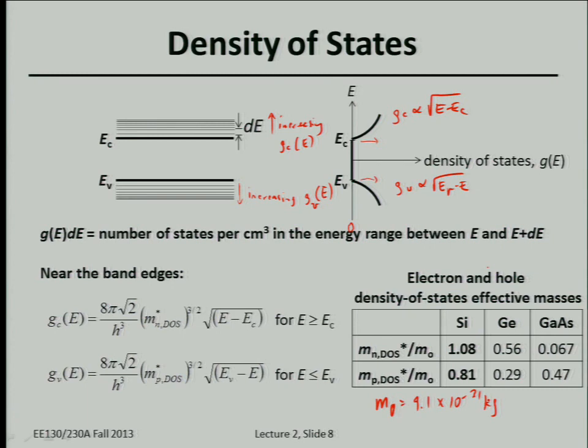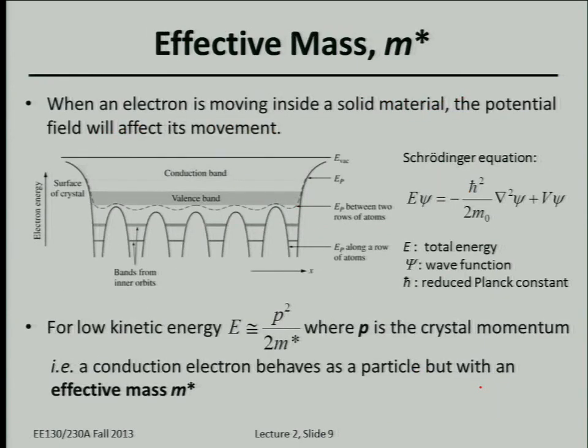Let me explain why the effective mass of an electron in a crystal is different from that of a truly free electron in vacuum. But just to quickly answer your question, we can use electron cyclotron resonance.